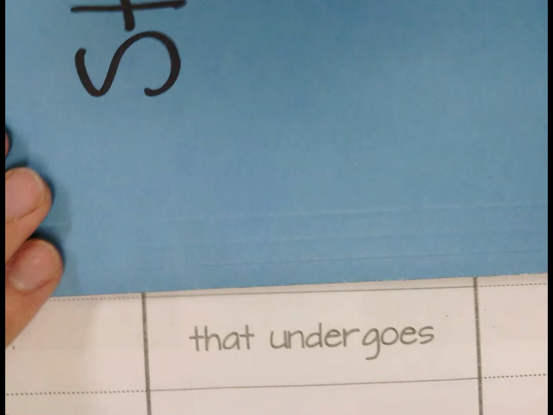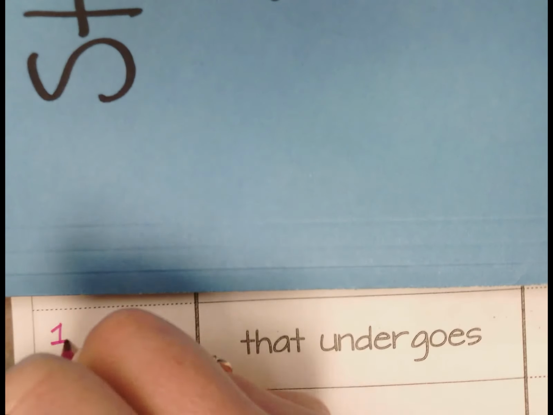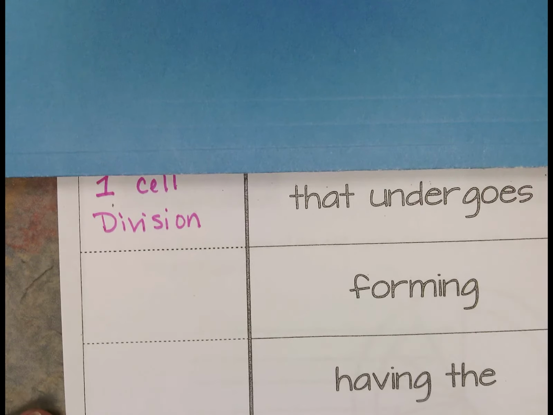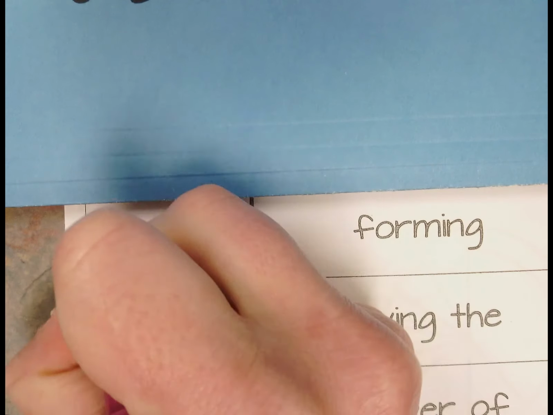So looking at this, we have our body cells, so we're under mitosis. We have a body cell that's diploid, and it's going to undergo one cell division. It's only going to divide once, which is going to form two diploid cells.